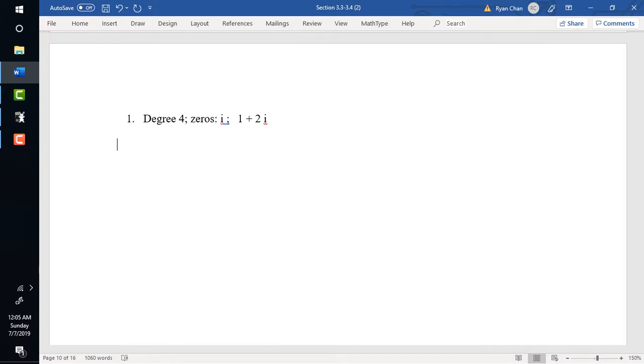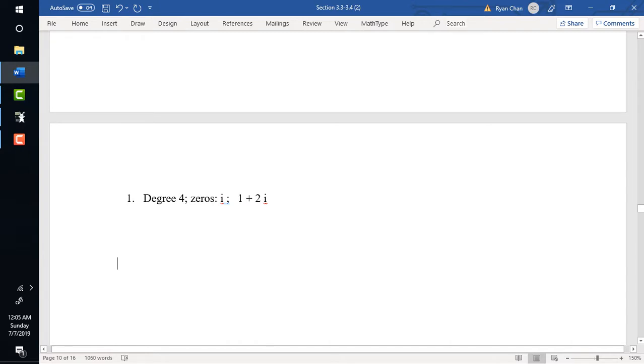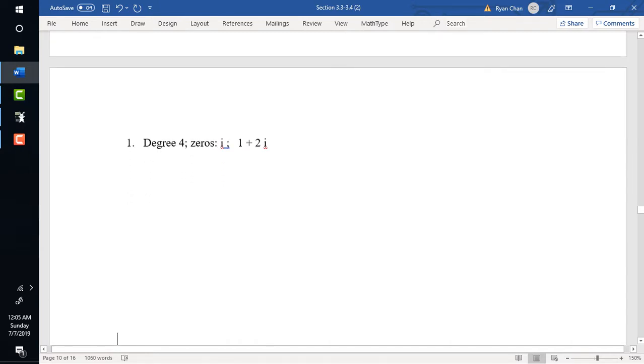I feel like I should do this one just because it's a little bit more tricky. So I have degree 4, which means I have 4 zeros. If I have i as a zero, that means I have a negative i. If I have 1 plus 2i, that means I'll have a conjugate of 1 minus 2i. So these are all my zeros.